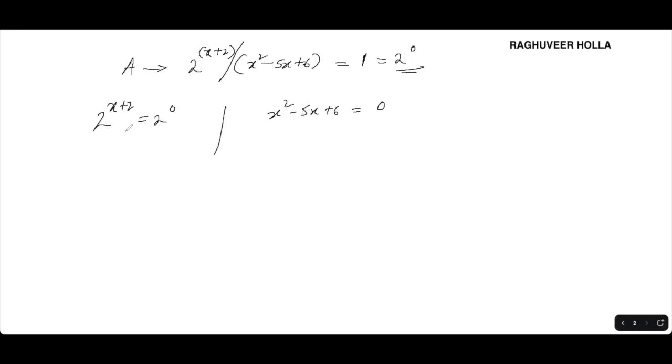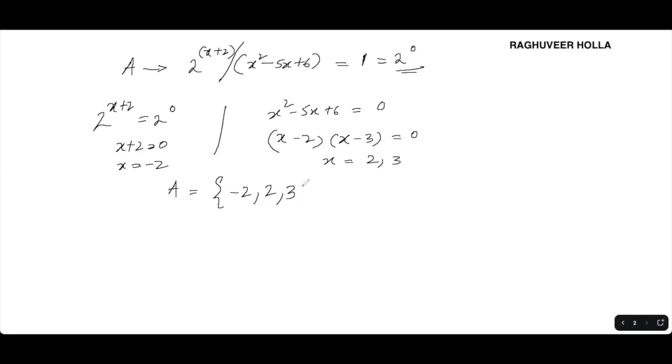So here, x plus 2 will be 0 or x is minus 2. And for this, you get the factors as x minus 2 and x minus 3, which is equal to 0, or x as 2, 3. Now, if you combine these two, you get the set A, which has the elements minus 2, 2, and 3. So the number of elements of set A is 3.